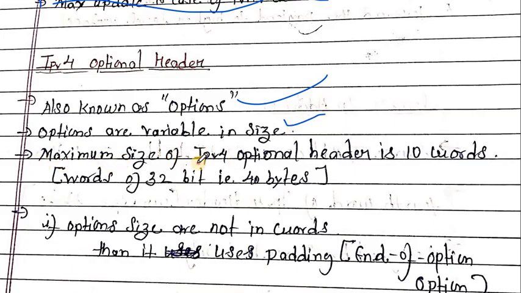The maximum size of the IPv4 optional header is 10 words, and each word is 4 bytes, so 10 words means 40 bytes.